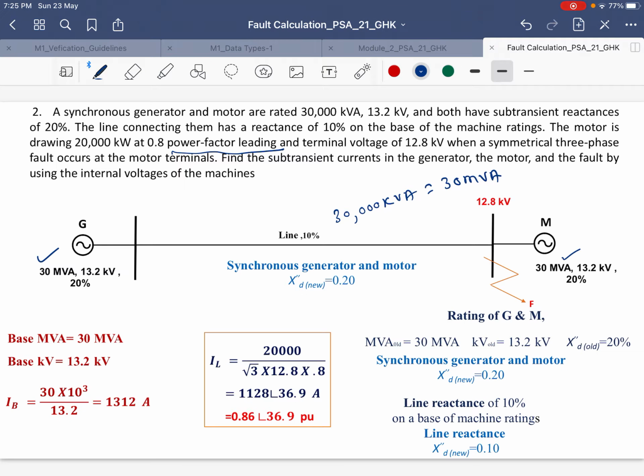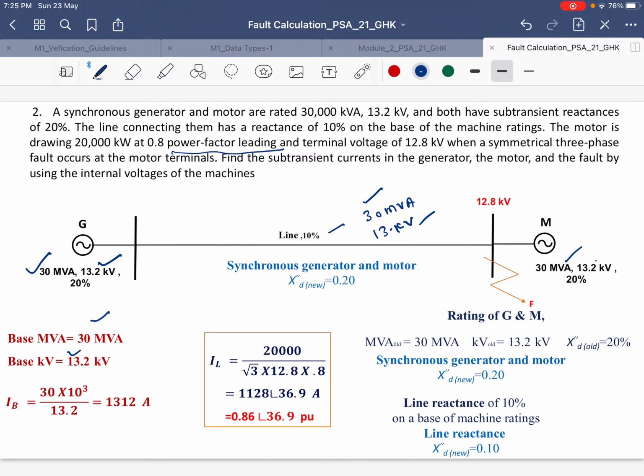Now if you look at the ratings, the old and new, it is 30 MVA, 13.2 kV, and the base is also 30 MVA and 13.2 kV. This reactance is also based on 30 MVA and 13.2 kilovolts. Here also the base quantities and old quantities remain the same.